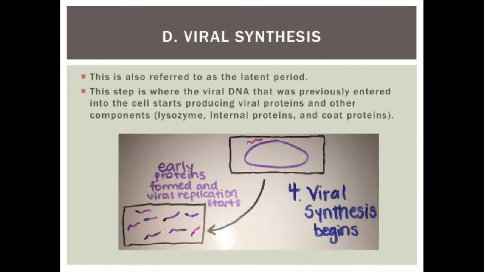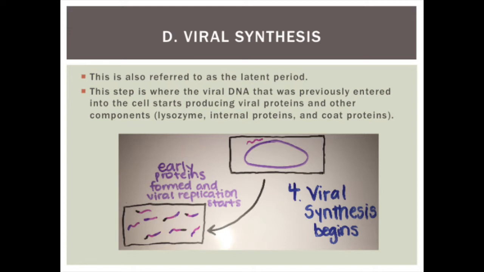The 4th step is viral synthesis, and this is also referred to as the latent period. And the latent period is the period between infection and when the virus starts to show symptoms.